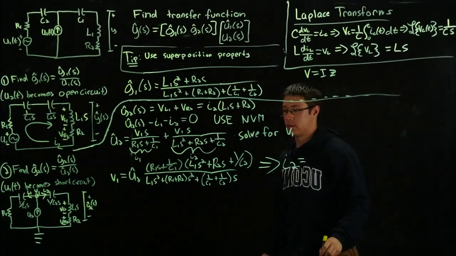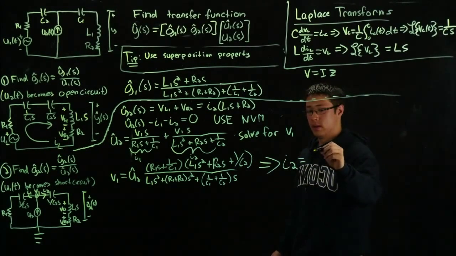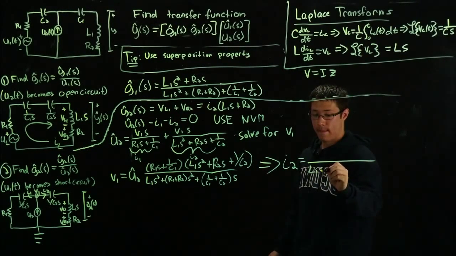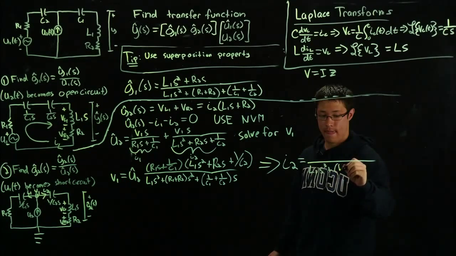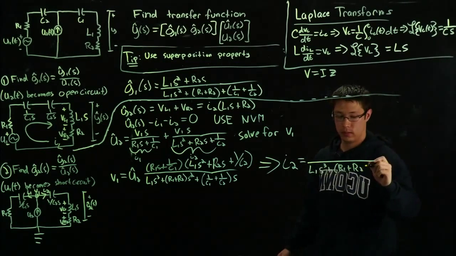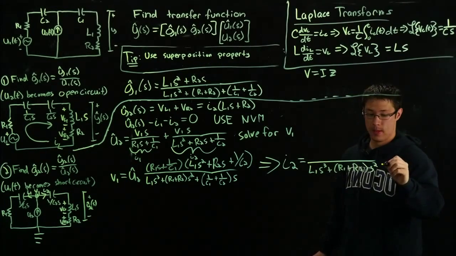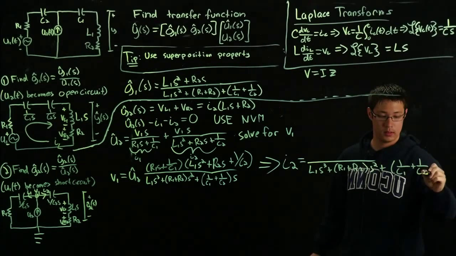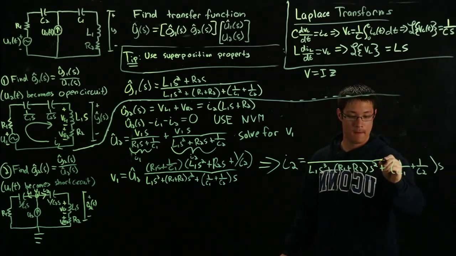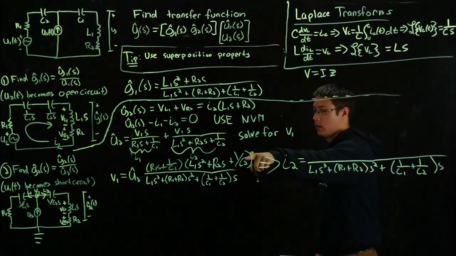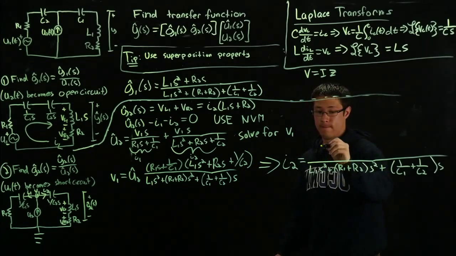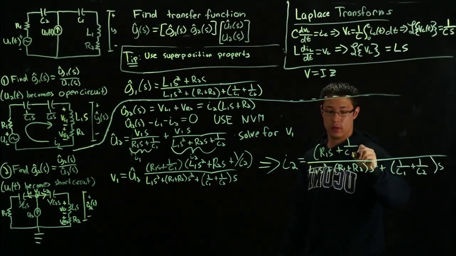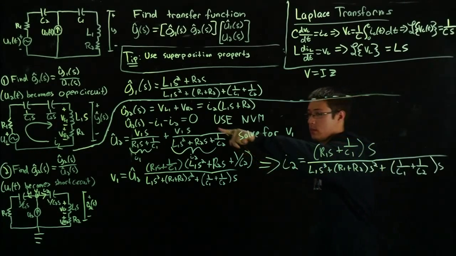This simplifies our expression to be, in the denominator, L1 S cubed plus R1 plus R2 S squared plus 1 over C1 plus 1 over C2 S. And in the numerator, we simply have R1 S plus 1 over C1 times S, right?